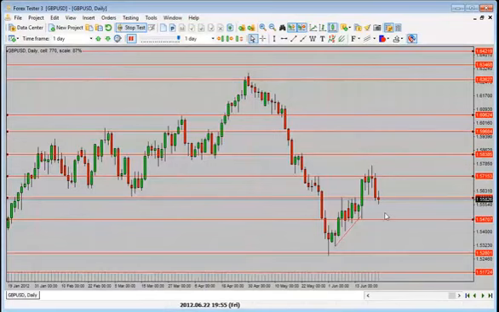All right, so here I'd be looking for, this is an interesting one. We need to see a break of this support level here for it to continue lower. So this is where we would want to go down to a smaller time frame and check this out. But the bias still stays to the downside, and we could see price go into this next level here. However, if the price is not able to break this level here, if we get a bullish candle, then price is likely to continue higher.